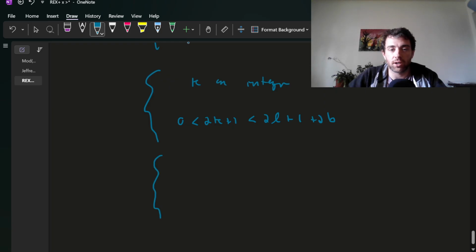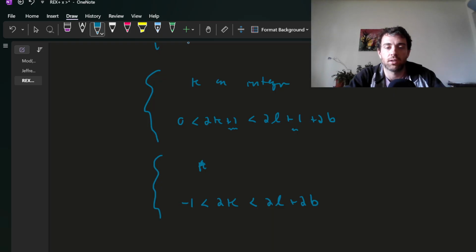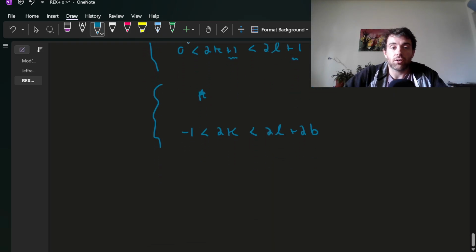Simplifying things a bit more, it really just comes down to this inequality. So I'll subtract 1 from both sides. So this becomes 2K, 2L plus 2B. And remember that X itself has to be positive, right? So 2K plus 1 definitely has to be positive. And so if we think about what that means here, this can't actually be minus 1.